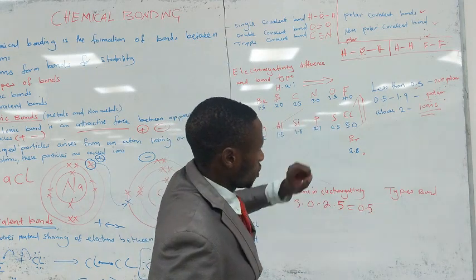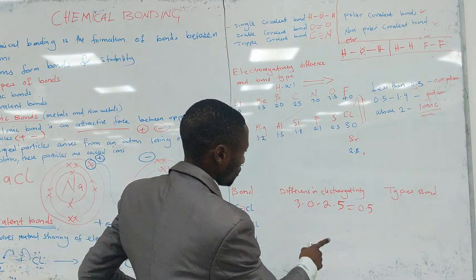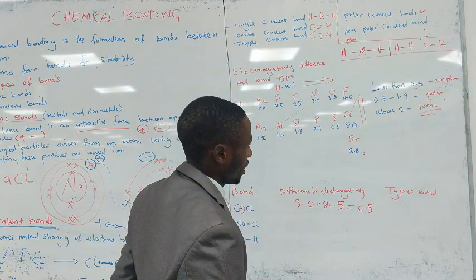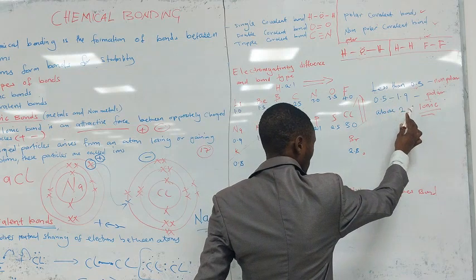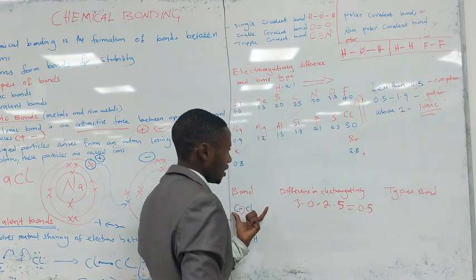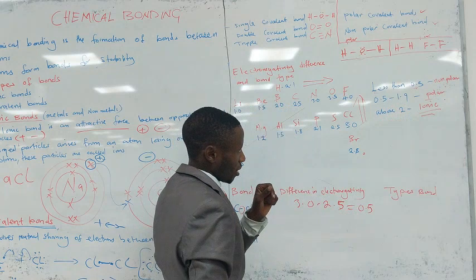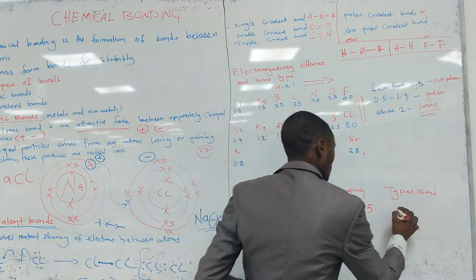Look at your values that you have there. Where is the 0.5 falling? We have 0.5 to 1.9. So this type of bond, it is what? Polar covalent bond. So it is polar.